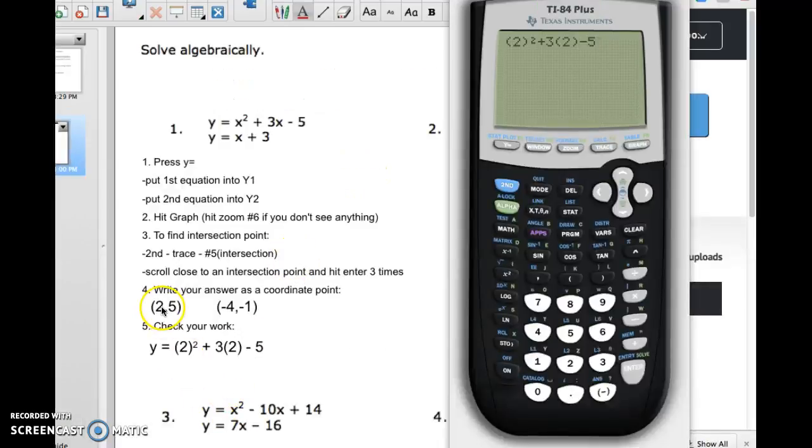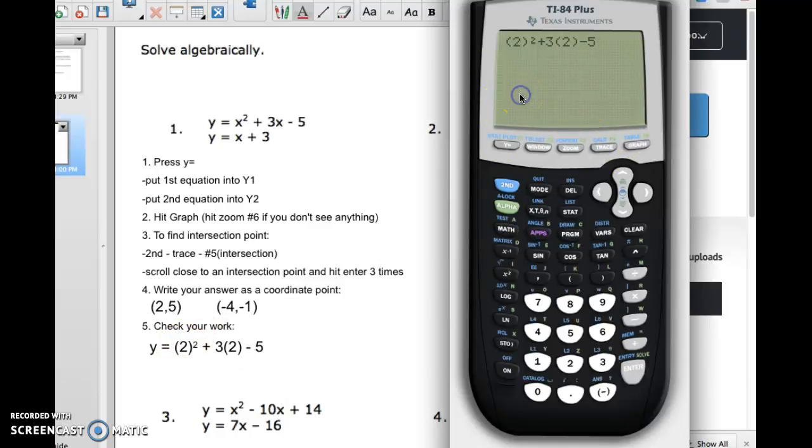I wrote it out here. I'm going to evaluate the first one, check my work. I've inputted 2 into the quadratic function up here. So instead of x's, I have 2's. If I did this correctly, and it does actually solve the system of equations, I should get the same answer. I should get 5 each time I do this for each equation. So if I go back to my calculator, I've already typed this in, so go ahead and get your calculator looking like mine.